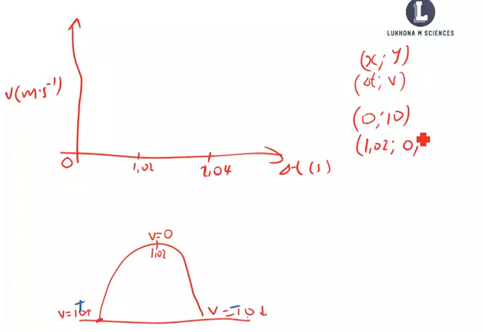Once the velocity is 0, you must know that is a maximum point, which means the object was thrown vertical upwards. Okay, then we have this point, the last point. So the time from here to here is 2,04 seconds. Then the velocity here is minus 10.